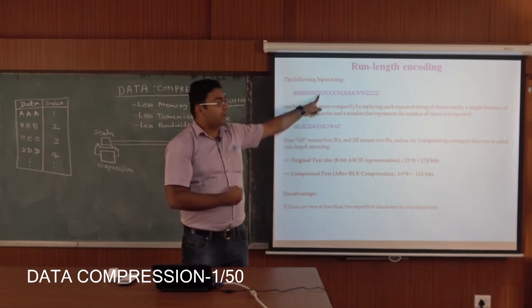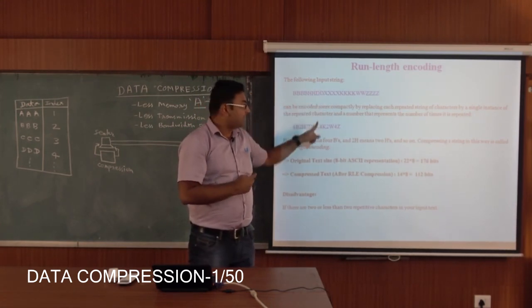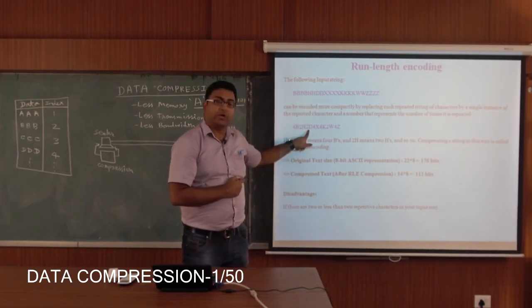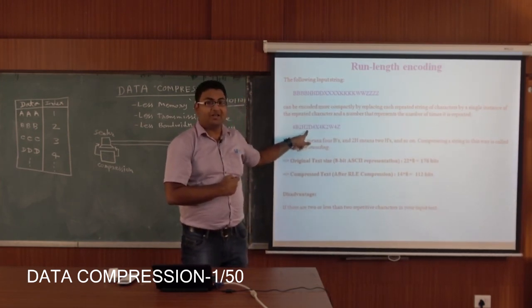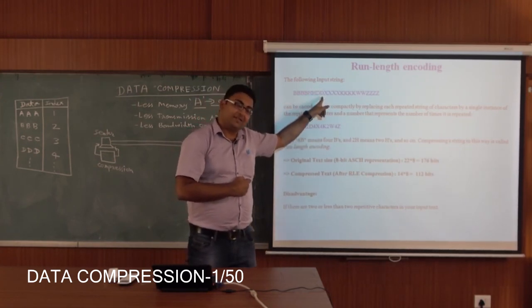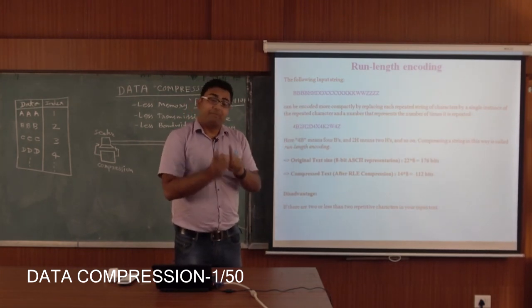If we are trying to reduce two repetitive characters by the RLE technique, then these two characters will be represented by again two characters, 2D. So 2 is the number of repetitions, followed by the character D. So you are trying to reduce 16 bits by again 16 bits. So there is no compression.